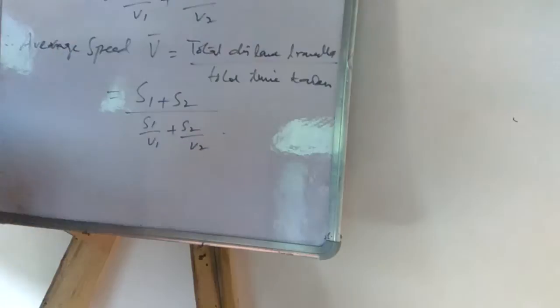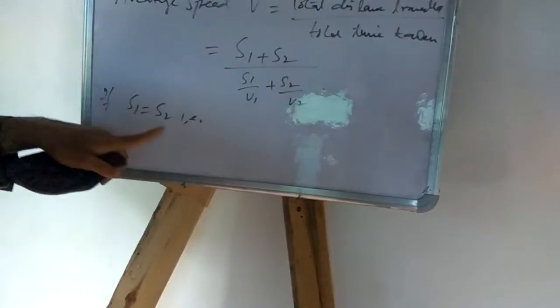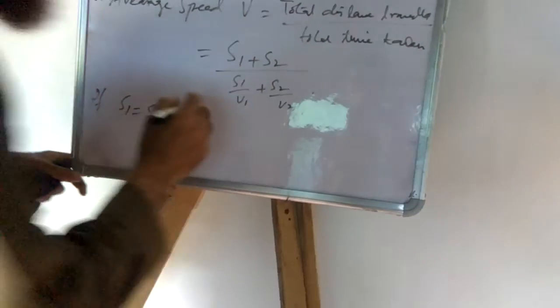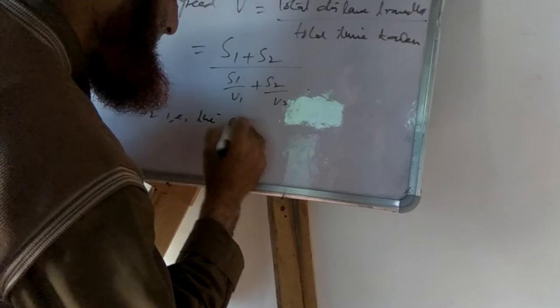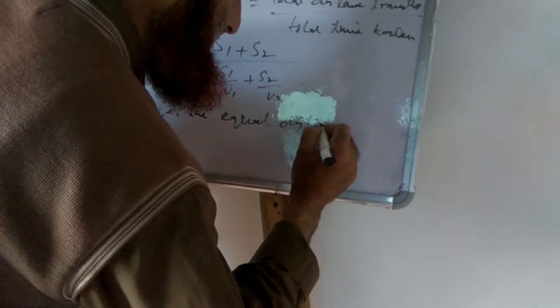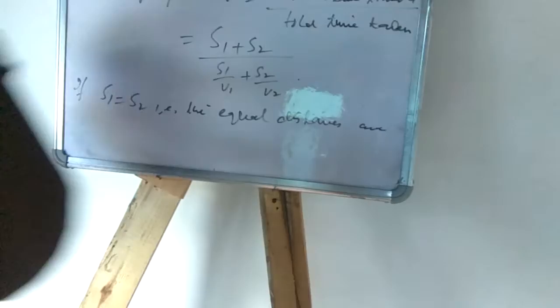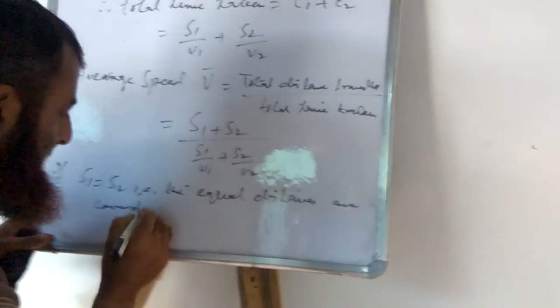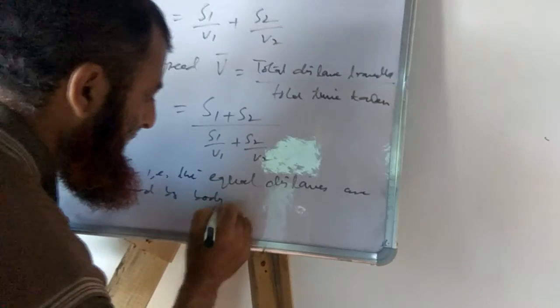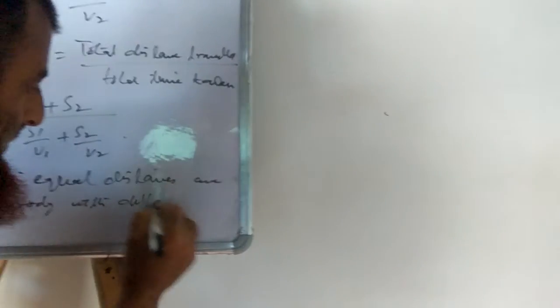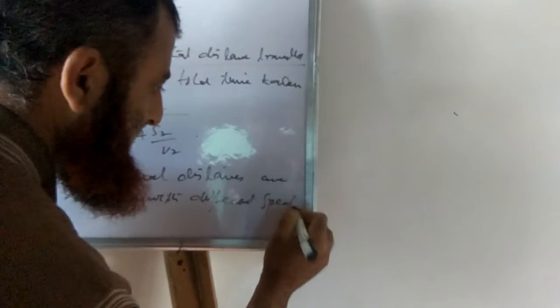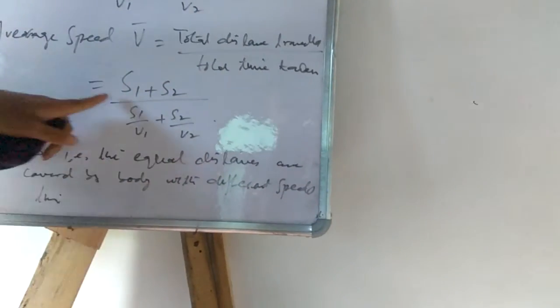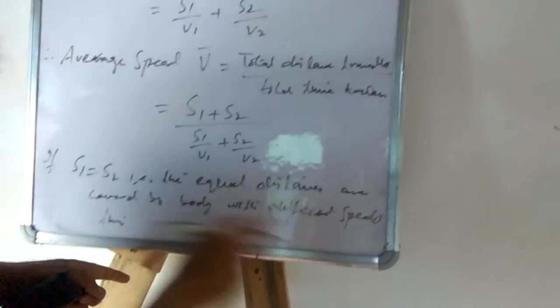Now, dear students, if s1 is equal to s2, that means equal distances are covered by the body with different speeds.